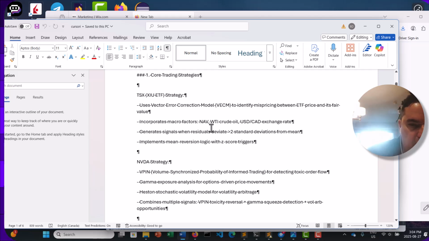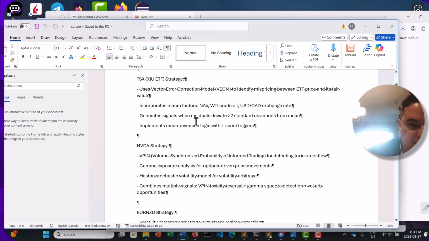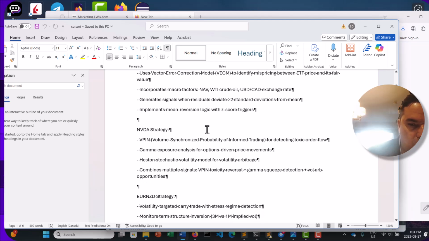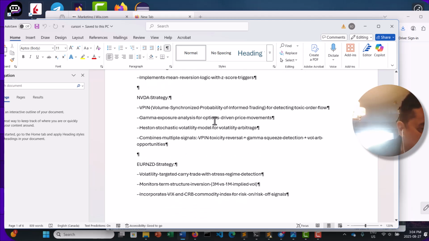So it'd be NAV, WTI crude oil, US Canadian exchange, and it generates signals when the residuals deviate greater than 2 standard deviations from the mean. That's another way of saying very basic quant stuff, where if it sees a standard deviation from the mean reversion of the trading pattern, then those are extreme positions either for entries or exits. It also includes a mean reversion logic with a Z-score trigger, which is common as well.